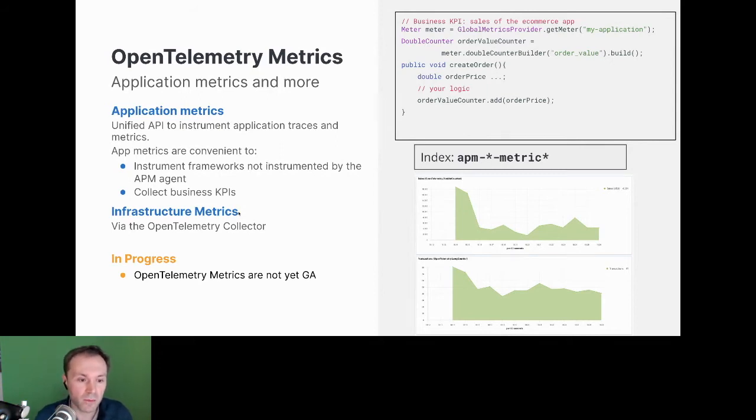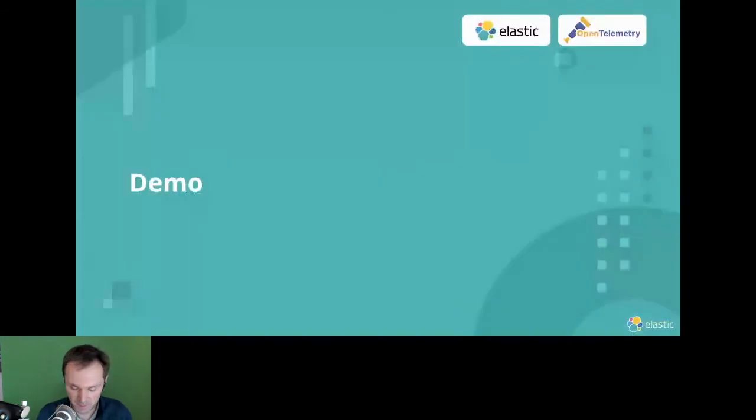We will also be able to see how we are able to collect infrastructure metrics, but this is very early stage in the OpenTelemetry project, so I will not spend too much time on this. So let's go to the demo.